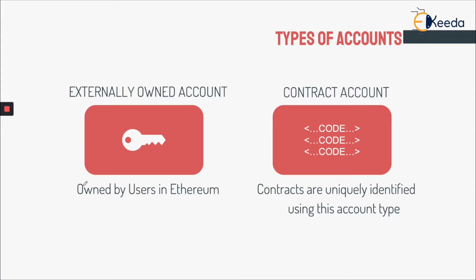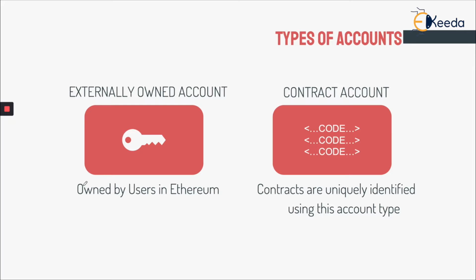Now, when it comes to Ethereum, there are two things involved in this. One is called the externally owned account, or in short, we call it an EOA. These externally owned accounts are accounts owned by the users of Ethereum, which means the real world users, aka us, right?